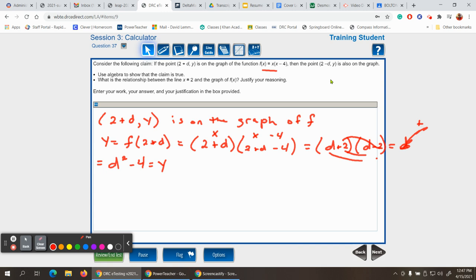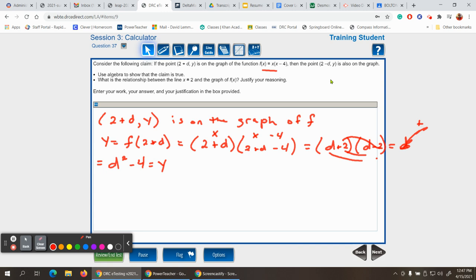All right, so since y equals y, therefore if y equals y, basically if the point 2d plus y is on the graph of f, then so is this one here, 2 minus dy.